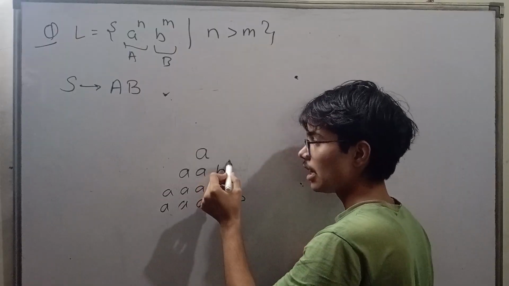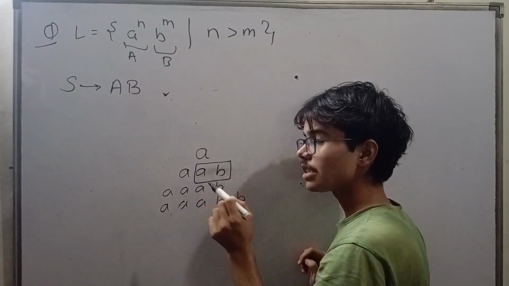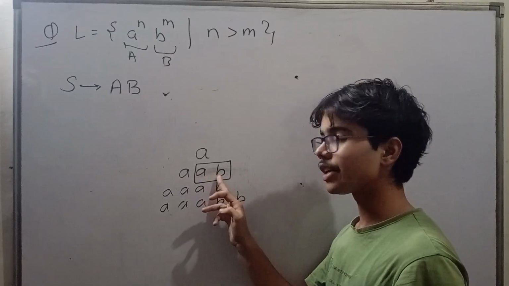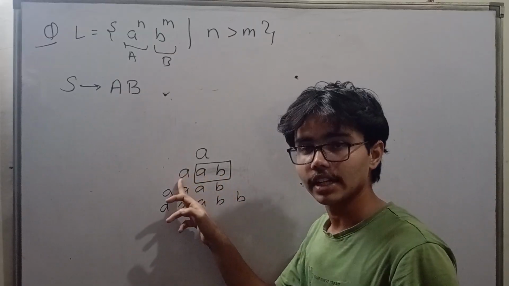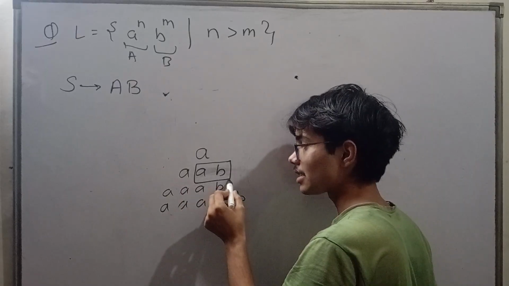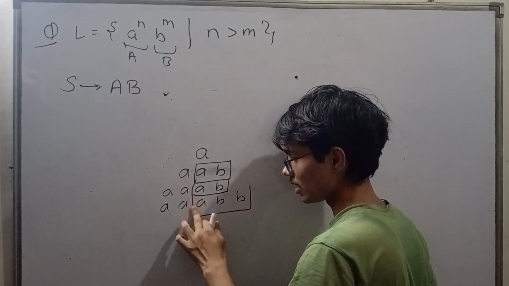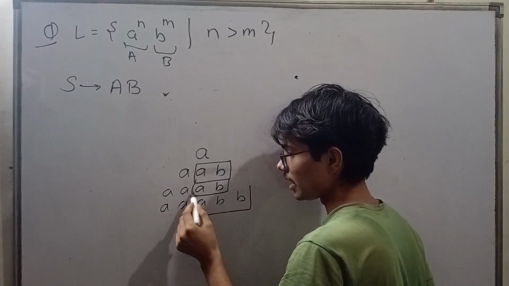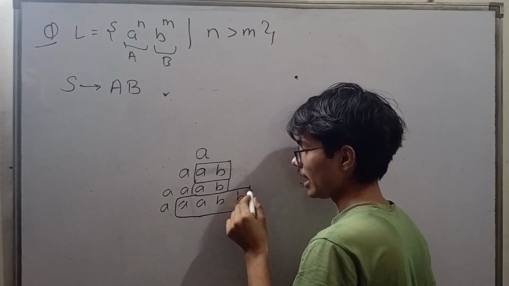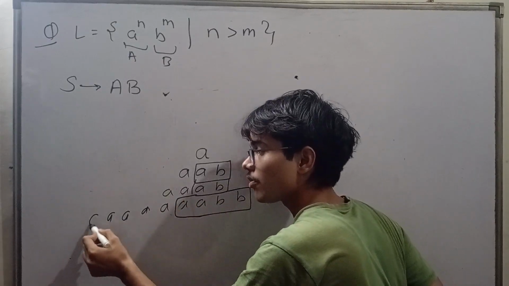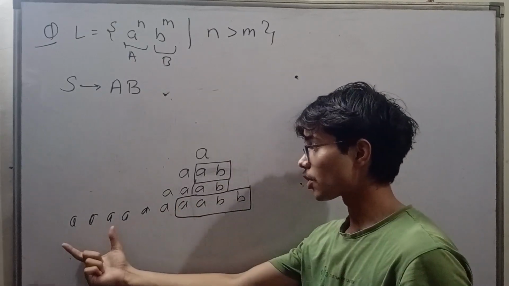Like here you can see, here AB is there, both A and B are equal. Then I generate one A also. That means at some point A and B are equal. After that, I can generate any number of A.